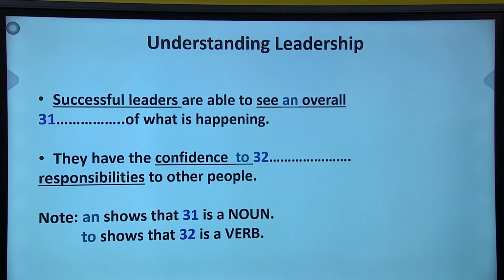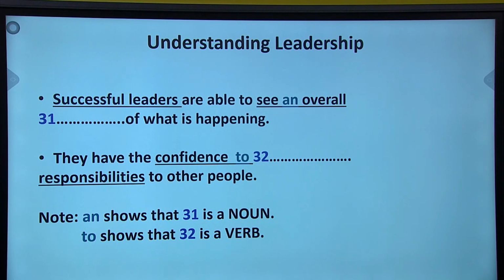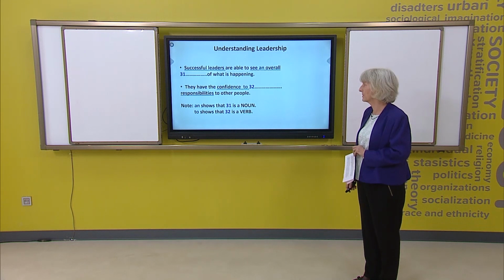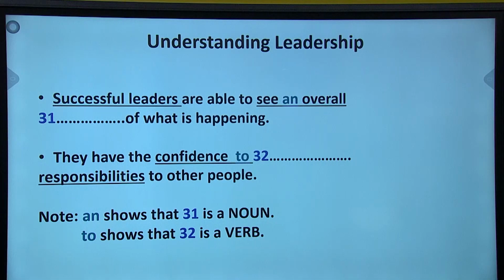And number 32, they have the confidence to something. That shows, the to shows that it's going to be a verb. So please listen carefully for the noun and the verb that will fit these 2 spaces or gaps. So let me read this bit. This is the final recording.